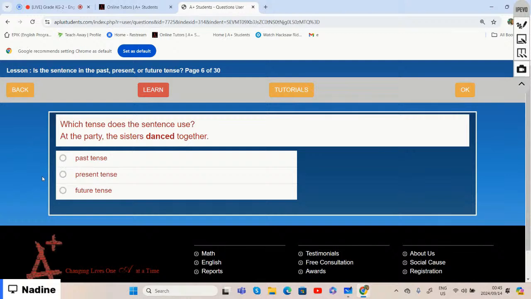And if we were to choose the correct option, we can say danced. It's in the past.